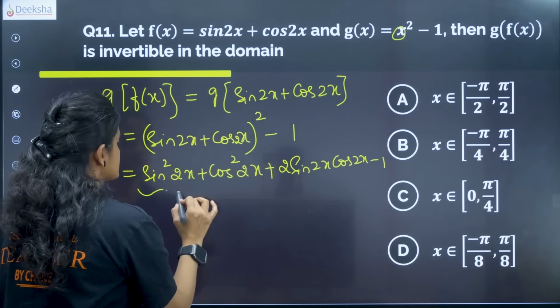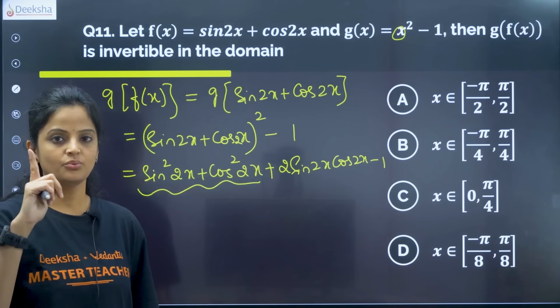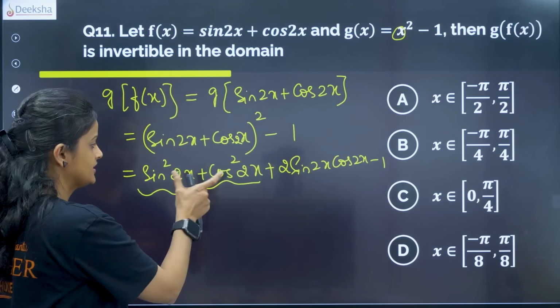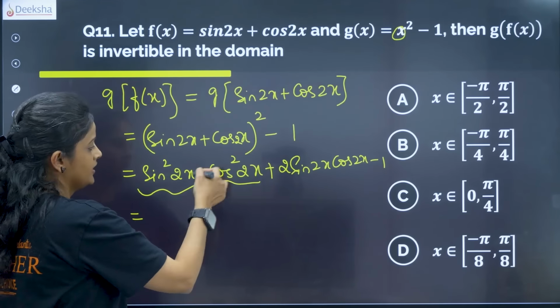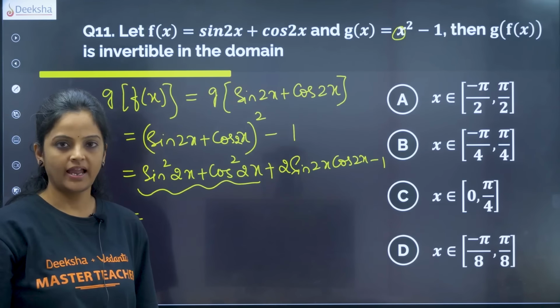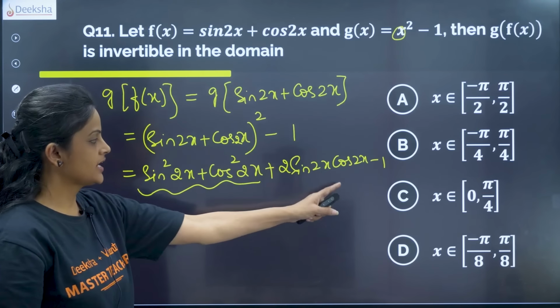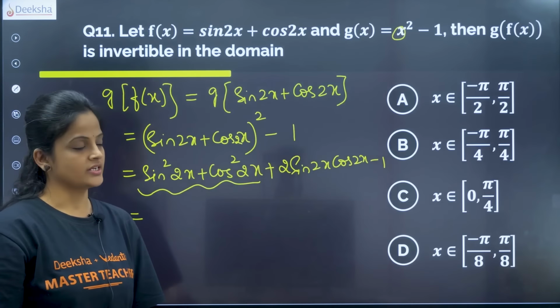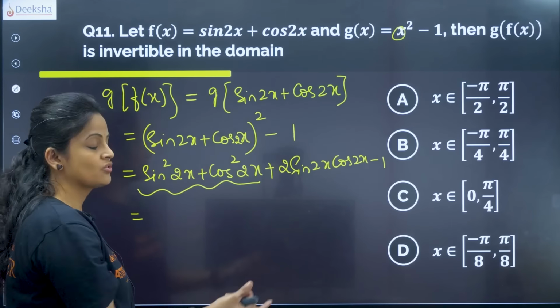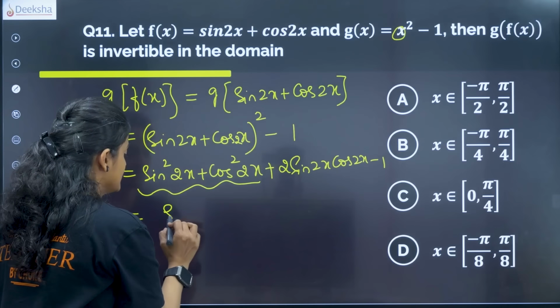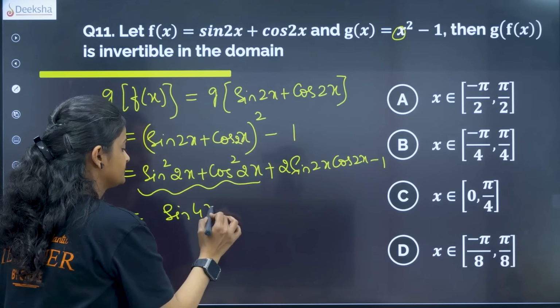So what is this? This is nothing but 1. Sin square plus cos square with the same angle is 1. This and minus 1 will get cancelled. I have only 2 sin 2x into cos 2x. 2 sin 2x cos 2x, we can write it as sin 4x.